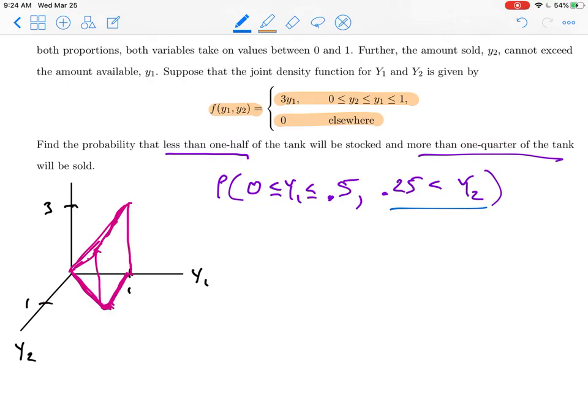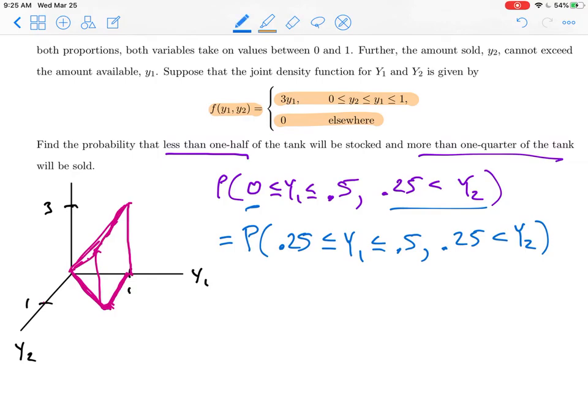So we actually want to rephrase this as the probability that 0.25 is less than or equal to y1, which is less than or equal to 0.5, and our value of y2 is greater than 0.25.